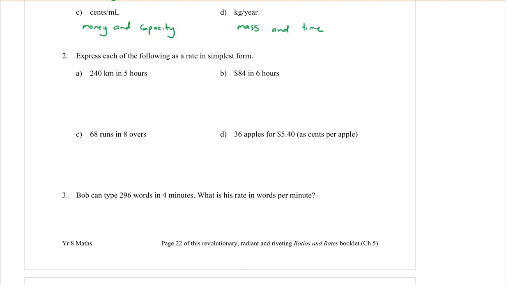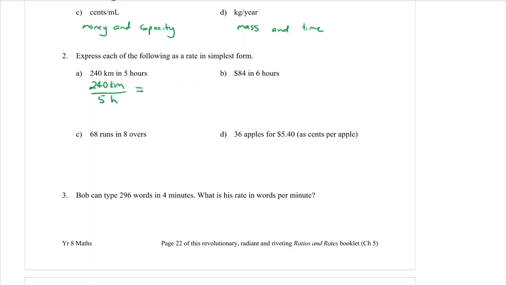So 240 kilometres, we're going to put that on the top, and then it says in 5 hours, so I'm going to put a 5h for hours on the bottom. Now you usually can do that, just the first one over the second one. Please always put the kilometres and the hours on there because we know we need those units for the answer, and it actually helps you see what that should be.